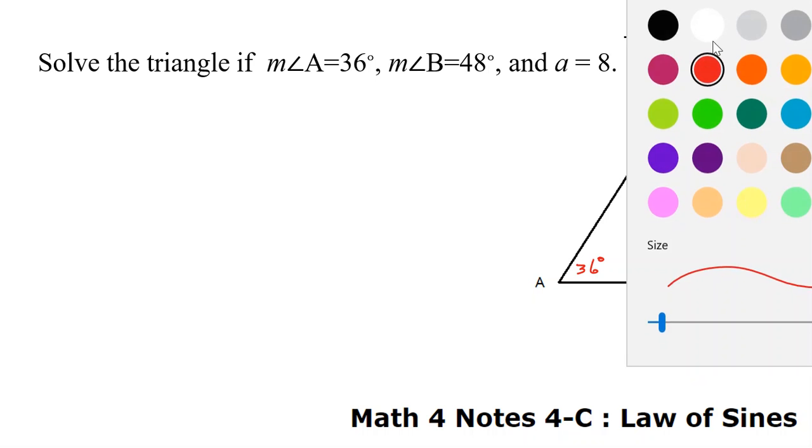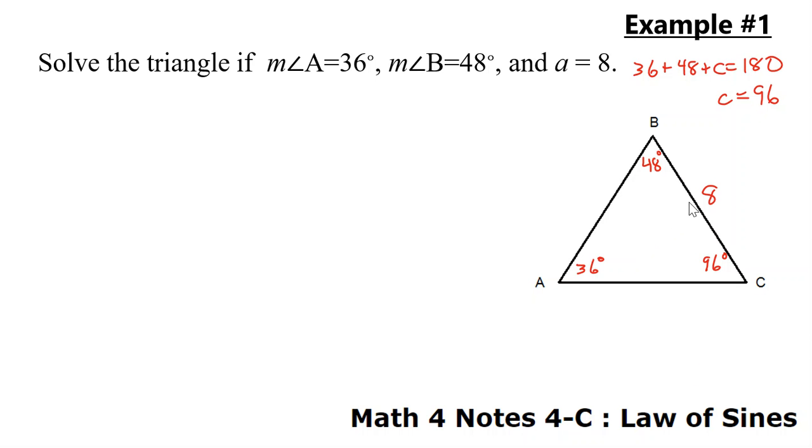Because the only side that we know for sure is the 8, we're going to use sine A in both finding little b and finding little c. We're going to say sine A over little a equals sine B over little b.